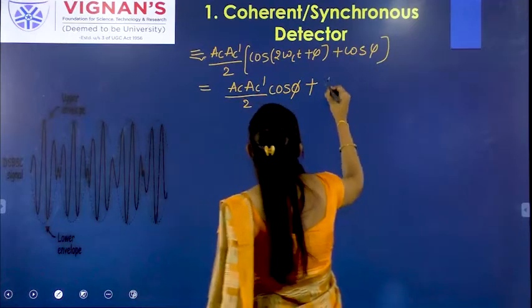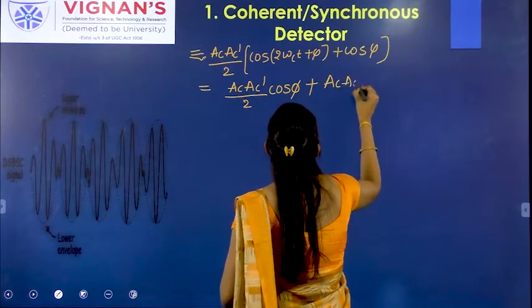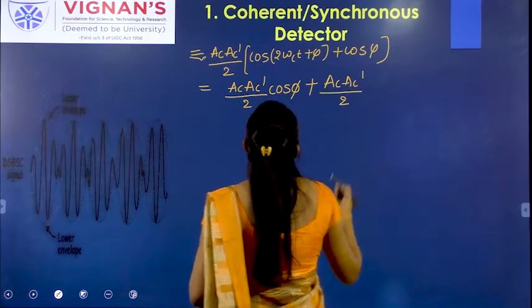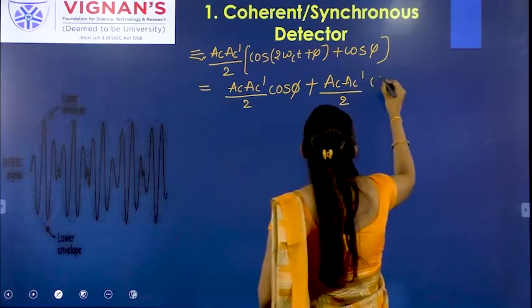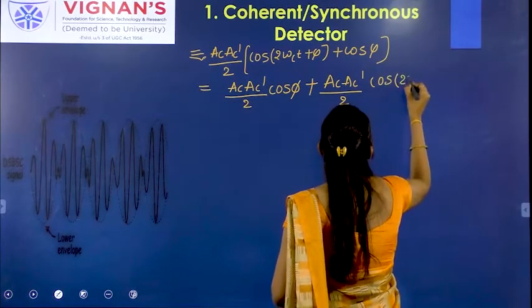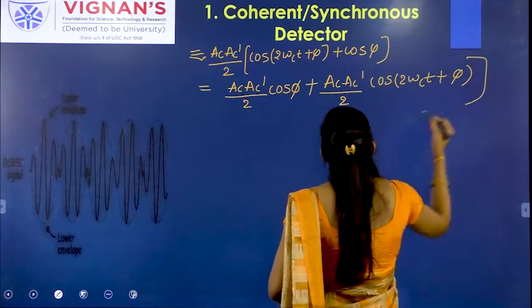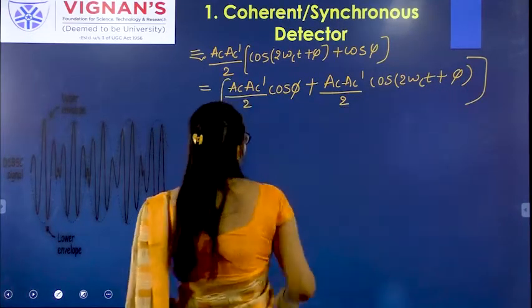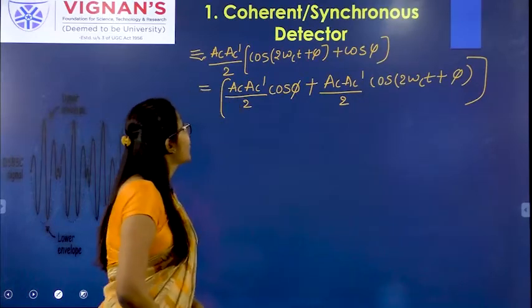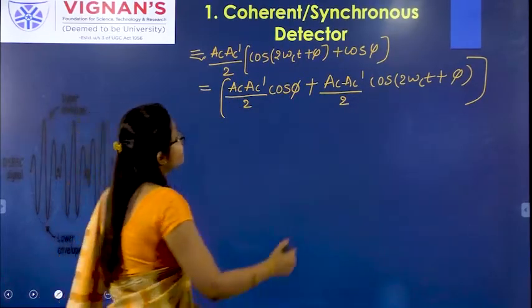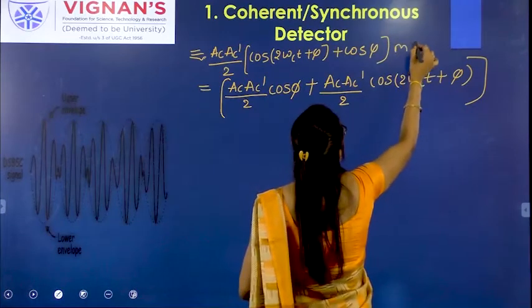plus Ac dash by 2 cos of 2 omega ct plus phi, right? Sorry, into m of t also is there.